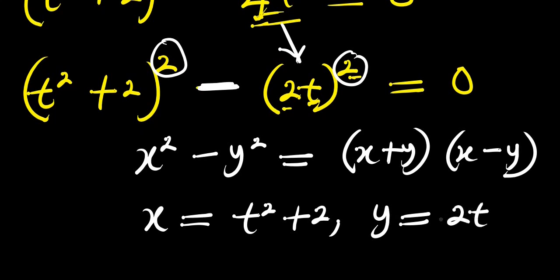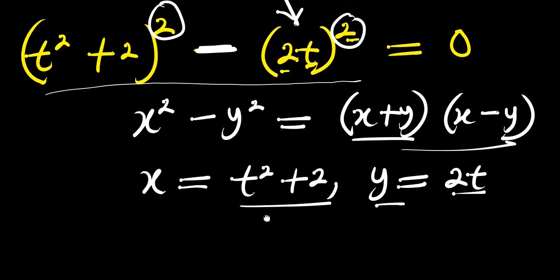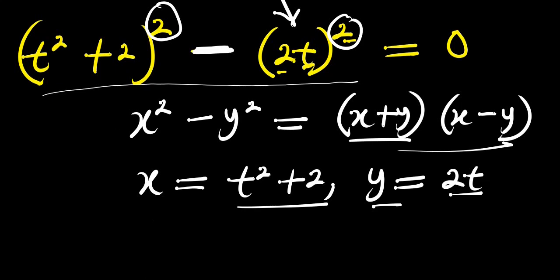Have you seen it? So for x, we are going to have this, and for y, we are going to have 2t. Then this is what we are going to use in order to factorize this. Then everything will be equated to 0. So let's just do that right now.